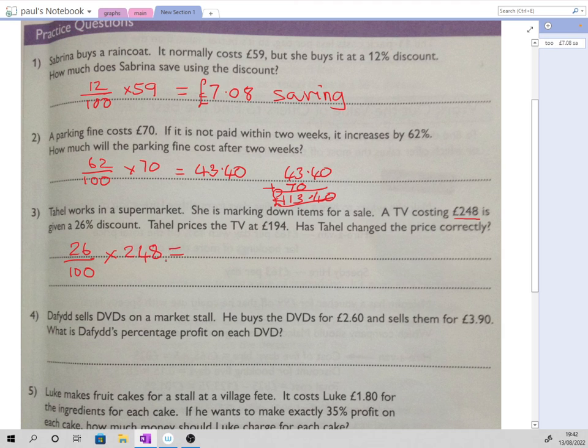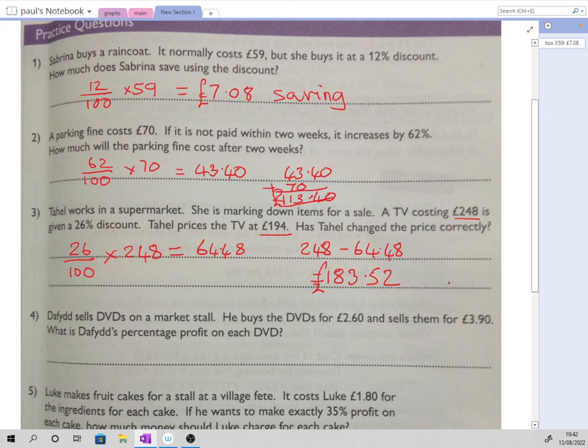Let's see what that comes out as. 26 divided by 100 times 248, £64.48, and now we've got to do 248 minus £64.48. 248 minus that number, 183.52, right?